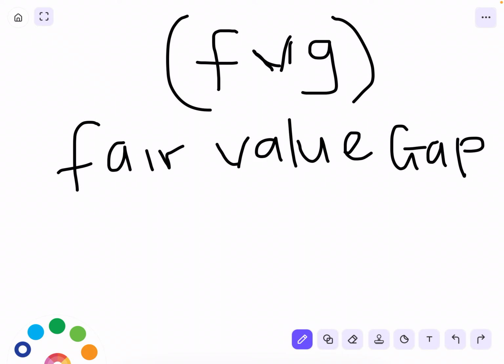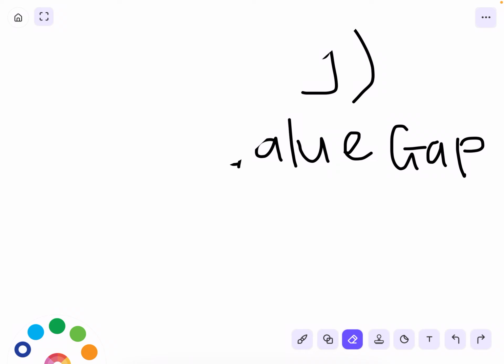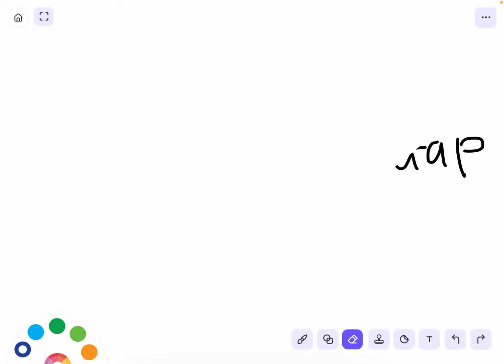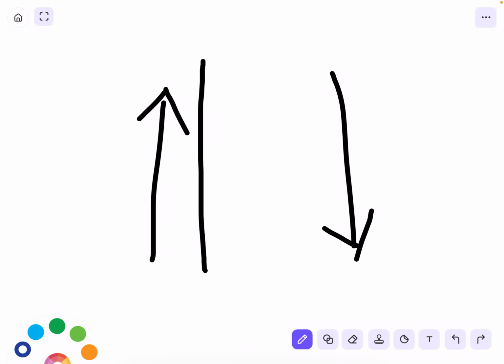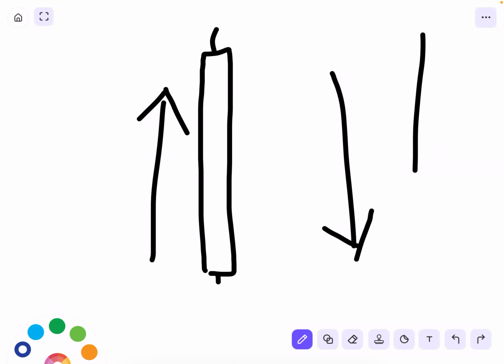So fair value gap is an imbalance in the market. It shows that the market has momentum. It shows that either the buy pressure or sell pressure has a lot of momentum. So whenever there is a big movement in the market, maybe to the upside or to the downside, the market will leave a bullish candle or a bearish candle.